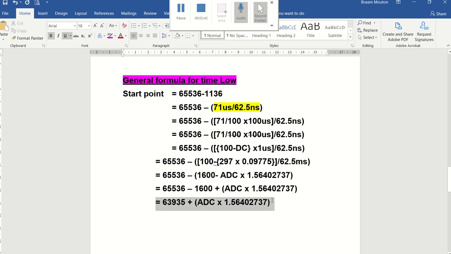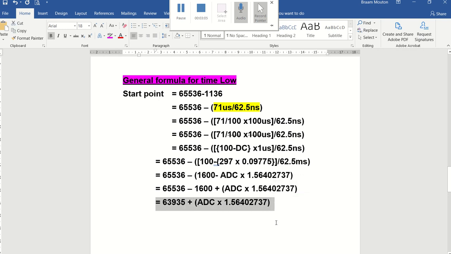We implemented that in a program, and I showed you that the operation was close to perfect. It was slightly off, but that is normal in timers. So yes, that was the formula that was created.